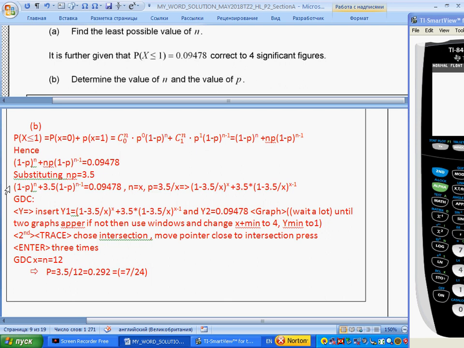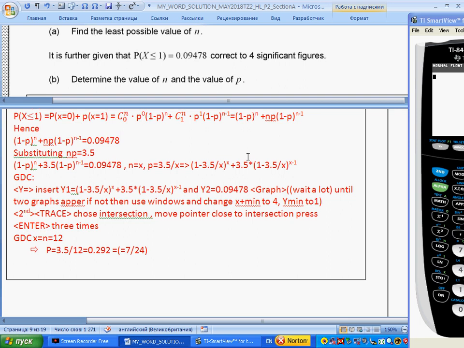Hence we have this relation. We substitute np equals 3.5, so instead of np. And now we change n to x, p we change to 3.5 over x. As a result, we have this expression, and we should find x. So we again use calculator.